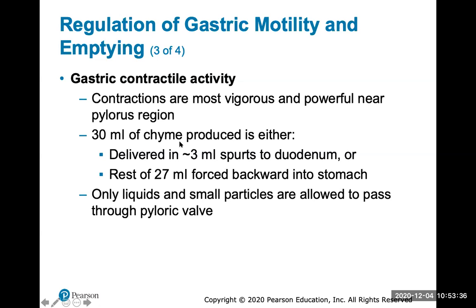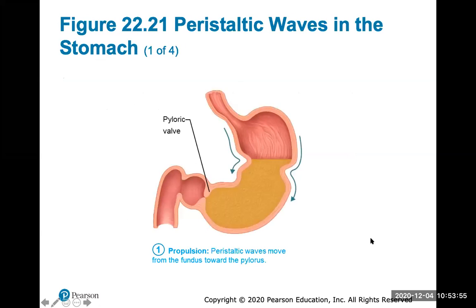Of the 30 milliliters of chyme produced, about 3 milliliters at a time is delivered in spurts to the duodenum and passed on to the small intestine. The rest is forced backward into the stomach to continue the process of storing, absorbing, digesting, and breaking it down. So this is a look at propulsion waves that move from the fundus toward the pylorus.